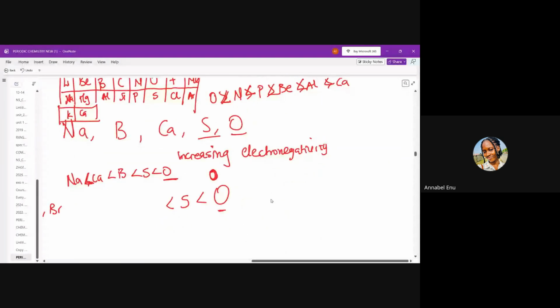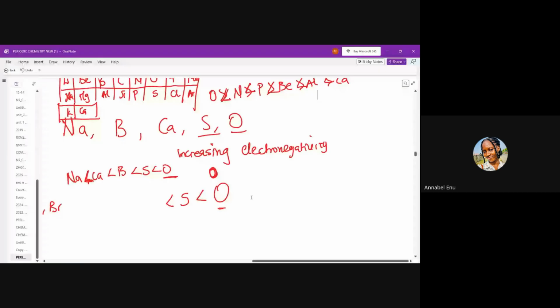So properly writing this, we're going to have less than beryllium, less than phosphorus, less than aluminium, less than calcium. Okay?